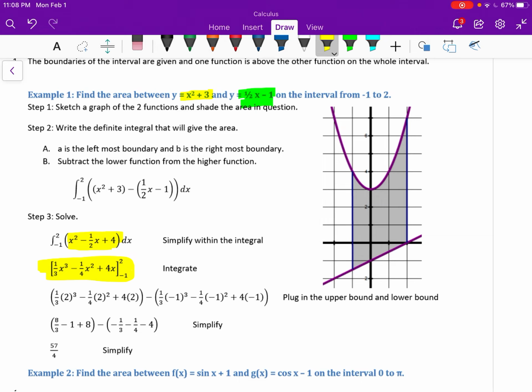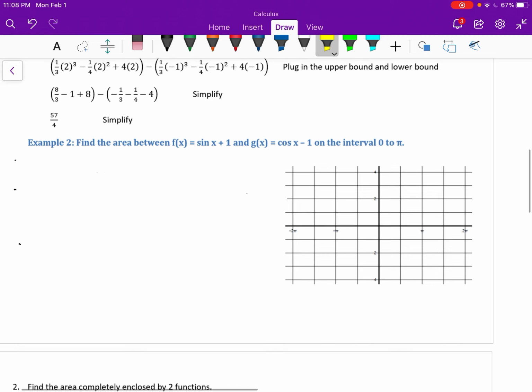And so the work is shown there. We end up getting 57/4, and we would say units squared. So that is our answer. Again, the concept is fairly simple. You integrate. You use the left bound and the right bound for your limits of integration, and the higher function minus the lower function.